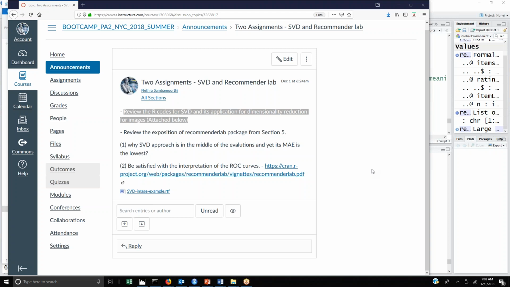Is singular value decomposition used for explaining observational data? I'm not saying explain the variance. Explaining the variance is PCA, which is eigenvalue decomposition.